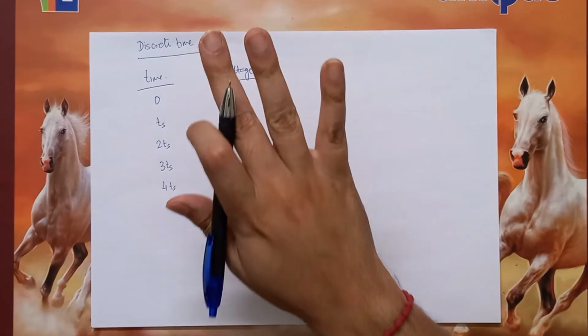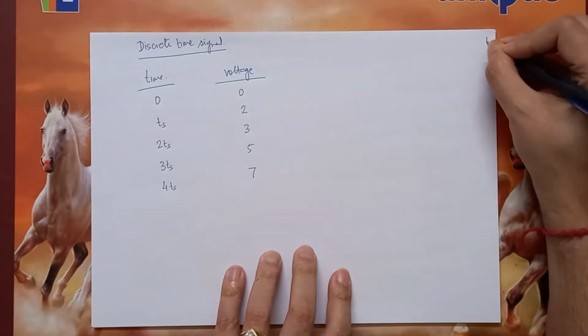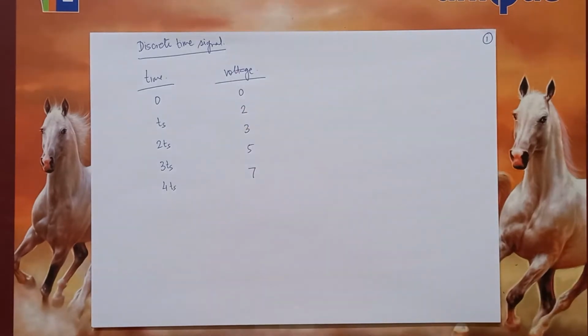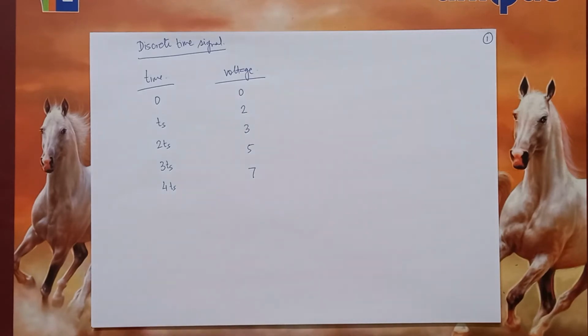So now what has happened is that the signal has become a discrete time signal. That is to say, its values now exist at certain points in time only, and at all other values of time, the signal is considered to be 0 or non-existent. So therefore what we now have is these voltage values which are distinct and finite in number.